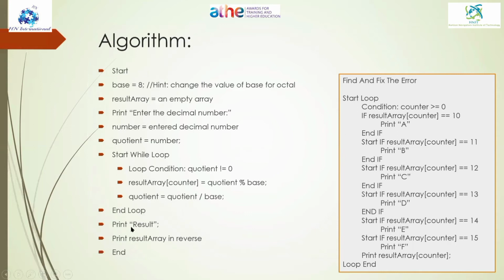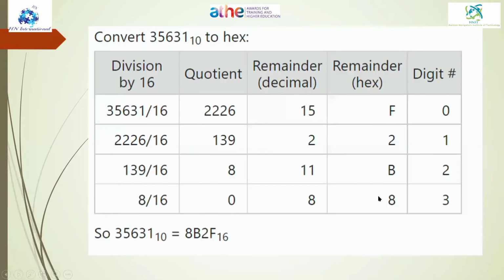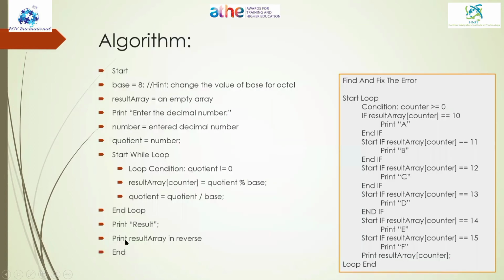Notice that we wrote the result in reverse, from A, B, 2 and F. So here we have to print the array in reverse. That's why I wrote this line, print array in reverse.